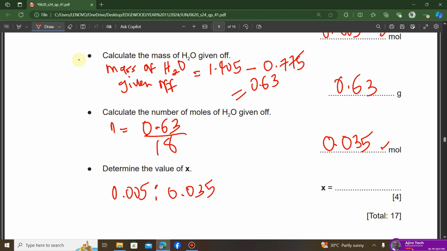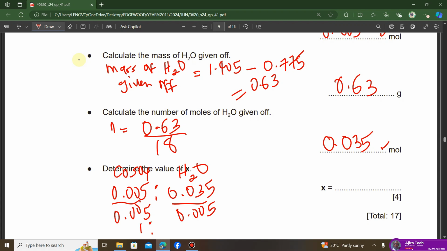This is that of the cobalt sulfate, and this is that of water. The next thing is to divide by the smallest number. The smallest number here is simply 0.005. So divide by 0.005, and you're going to have 1 in the ratio.